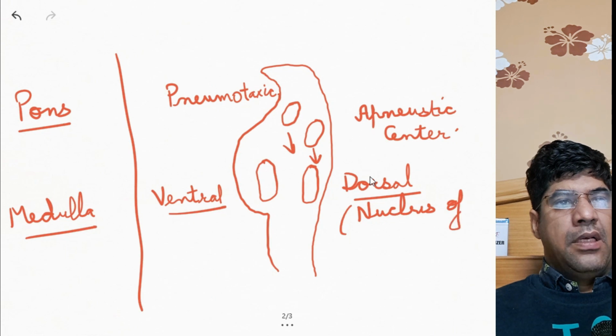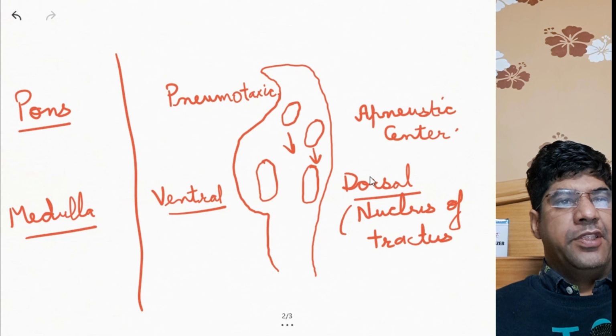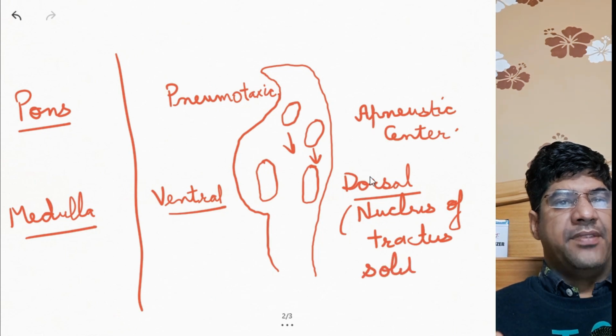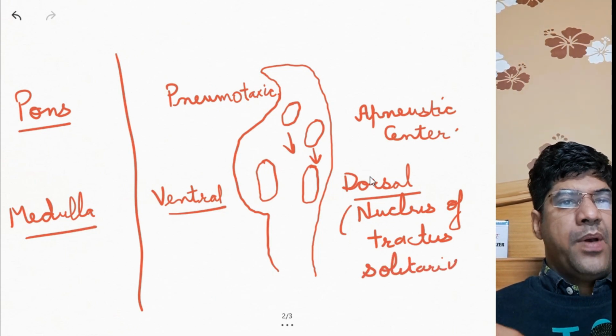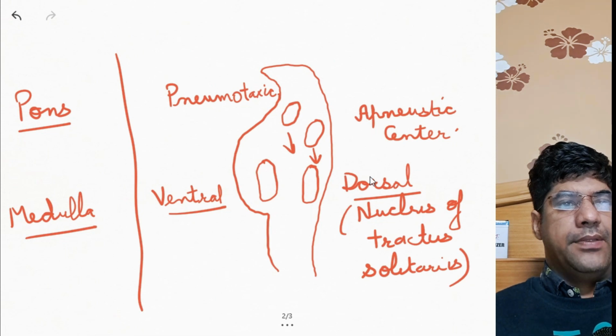This dorsal respiratory group of neurons, where is it situated? It is situated in the nucleus of tractus solitarius, in the upper part of the medulla oblongata.